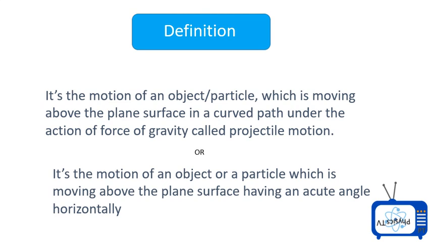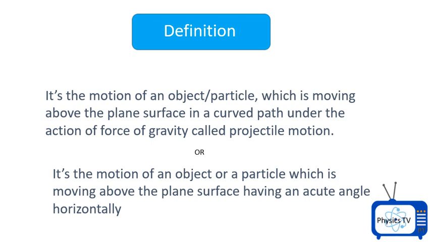Same in the second example, the ball was moving above the plane surface, not on the ground surface. Not only that, they also have two other properties: they must make a curved path, and they must have an acute angle, meaning an angle more than 0 and less than 90 degrees.